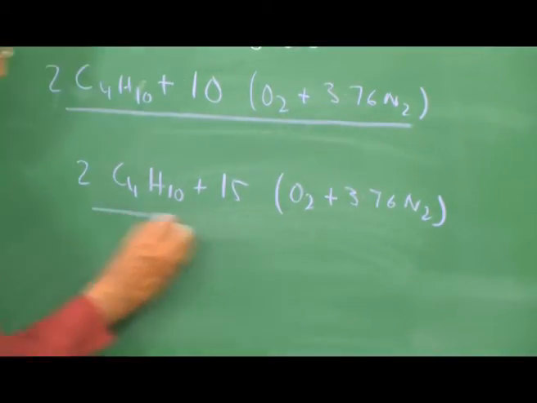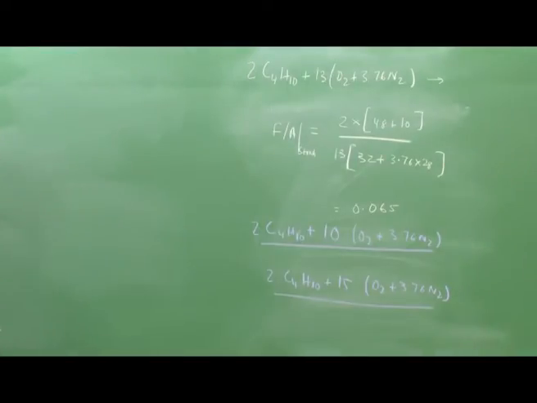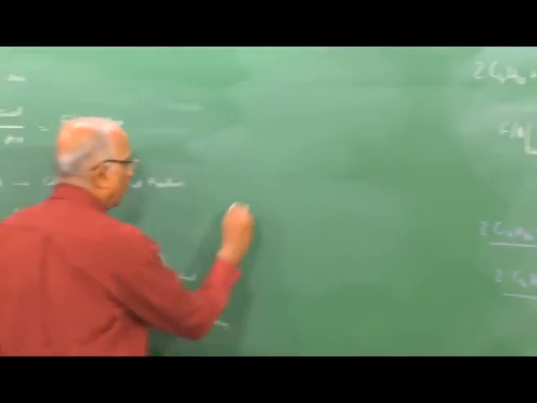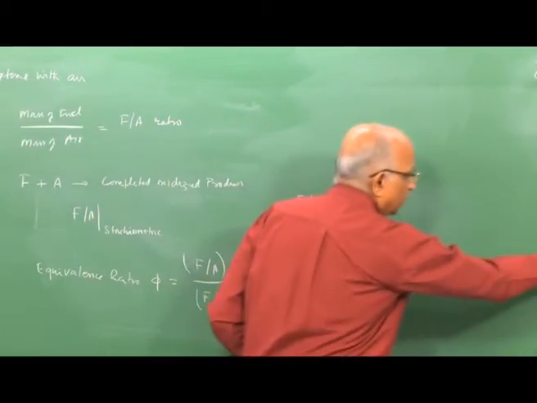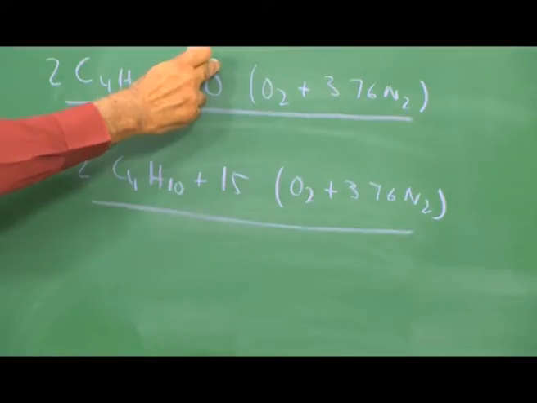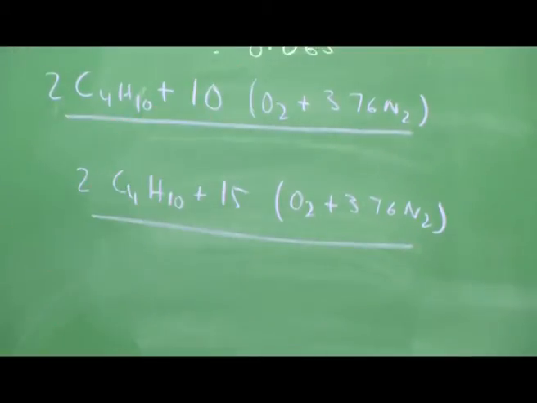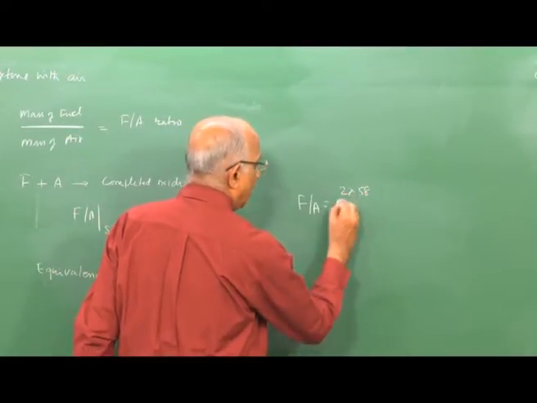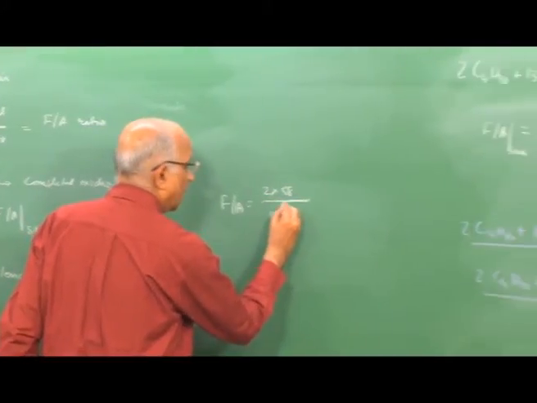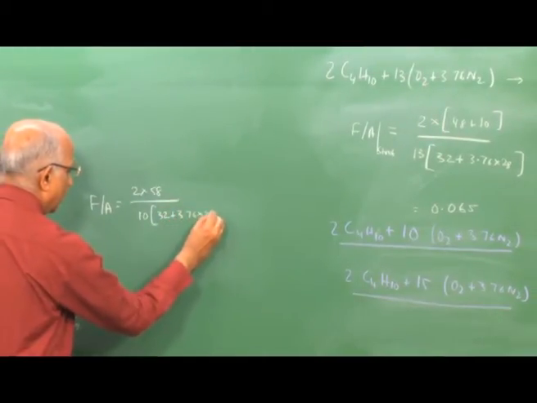Let us put the values down. When I have the lesser amount of air, which is fuel rich or oxygen lean, both are identical, the fuel air mixture is equal to 2 into 58 divided now by 10 into 32 plus 3.76 of 28.